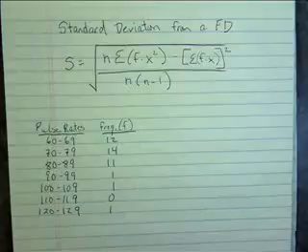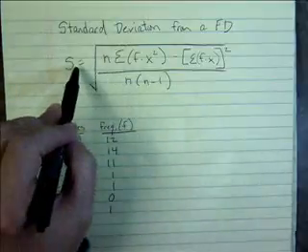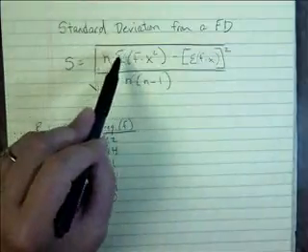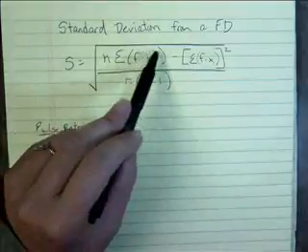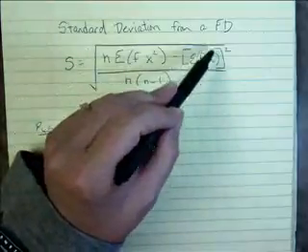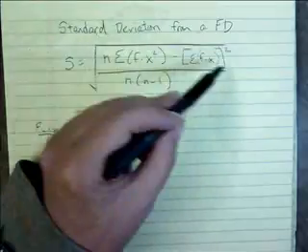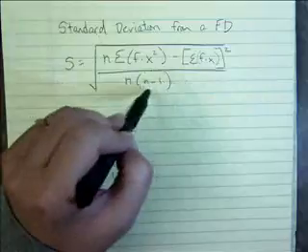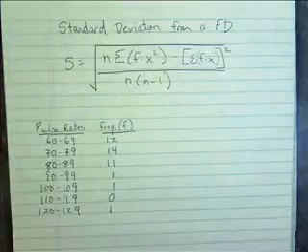All right, so the formula for standard deviation from a frequency distribution says standard deviation is the square root of n times the summation of f times x squared, minus the summation of the product of f and x, quantity squared. Divide that by sample size times sample size minus 1.